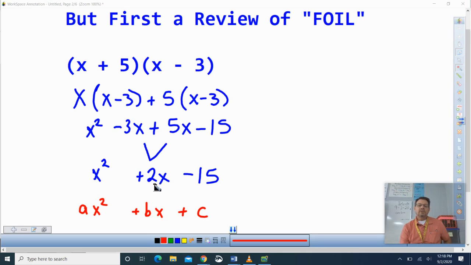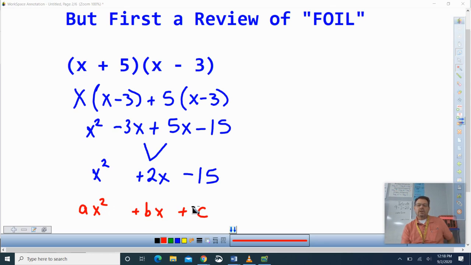So as long as you have a 1 in front, because we've got other things when there's not a 1 in front, the main question you always ask yourself is: what two things are going to multiply to give me the last term, or c, but then add or subtract, depending on the signs, to give me the middle term, the b term. So that's the deal with that.